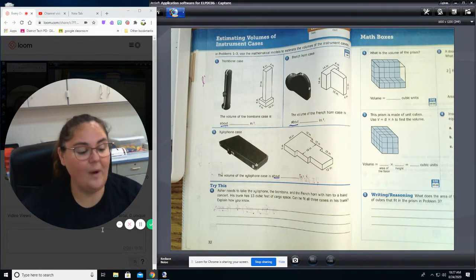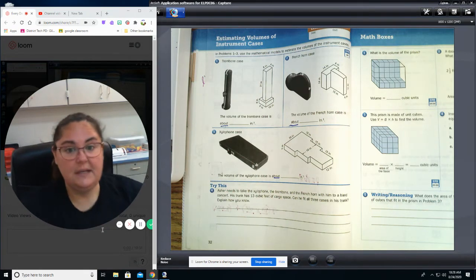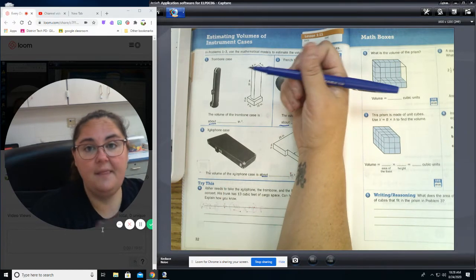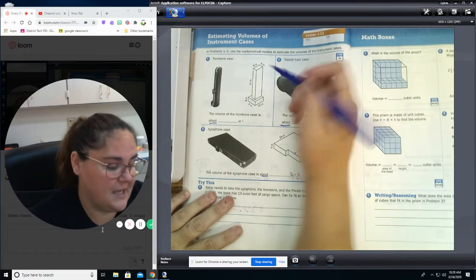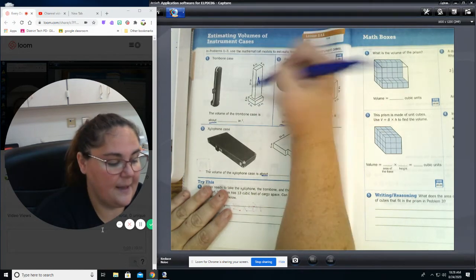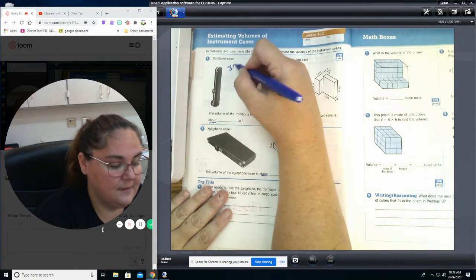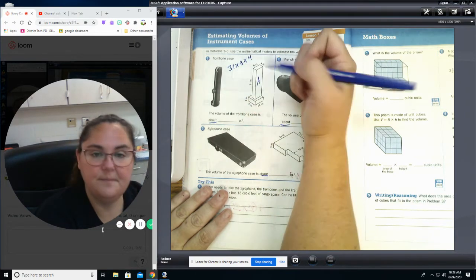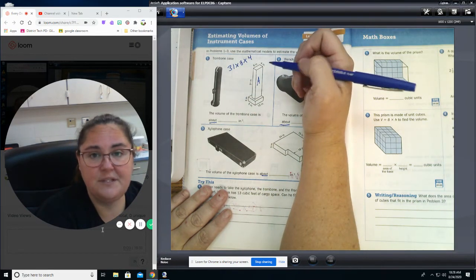Number one kind of does that for you. It gives you two separate rectangular prisms, and then you need to put those together. The first thing is I'm going to look at rectangular prism A, and I'm going to do 31 times 8 times 4 to find the volume of rectangular prism A.